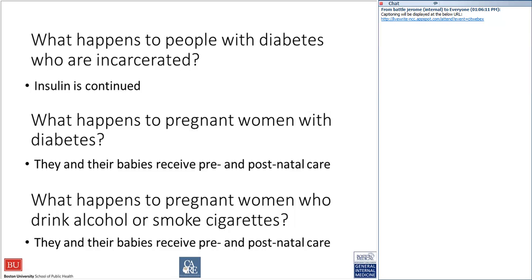What happens to pregnant women with diabetes? Well, they and their babies receive pre- and postnatal care. What happens to pregnant women who drink alcohol and smoke cigarettes? Well, their babies receive pre- and postnatal care. And in that example, I've specifically chosen substance use that isn't as stigmatized as some other substances.